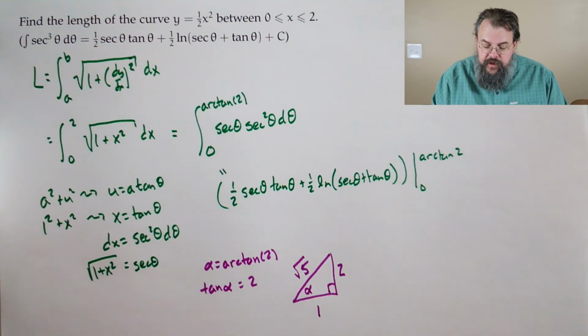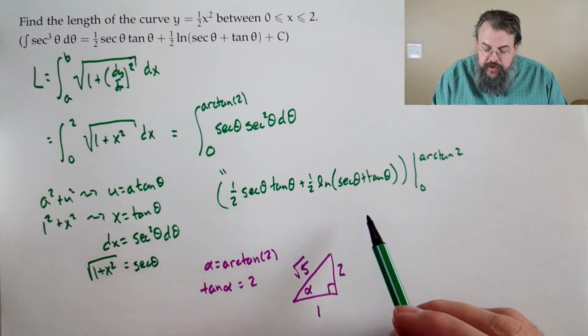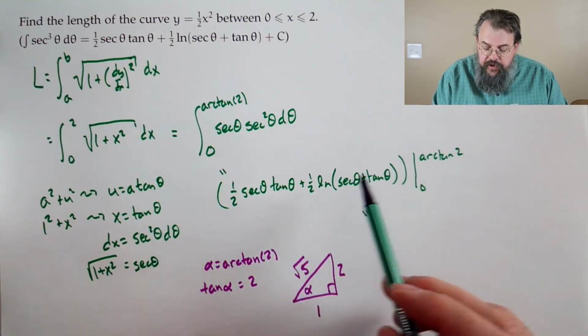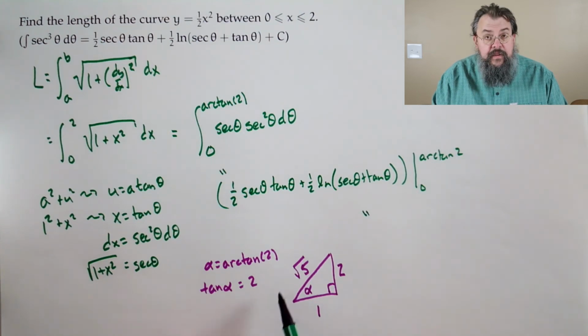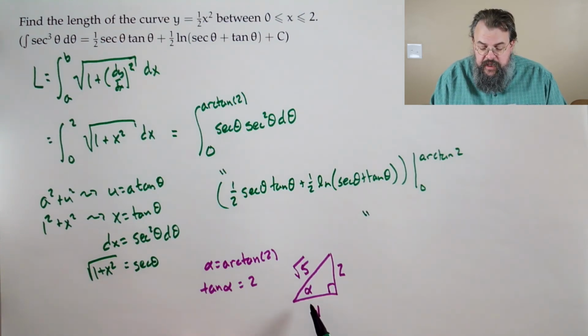So let's go through it. We have secant of arctangent of 2. Okay, that's like secant of alpha. And secant is hypotenuse over adjacent.